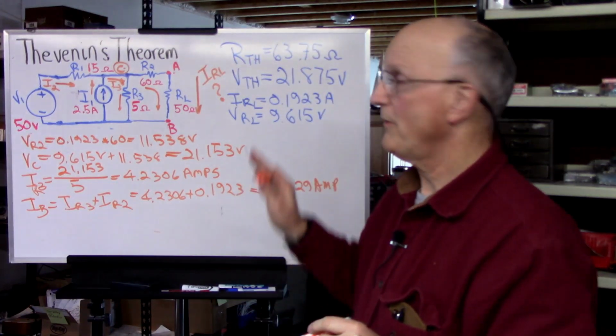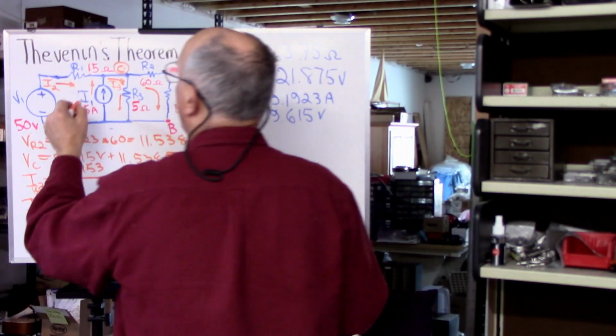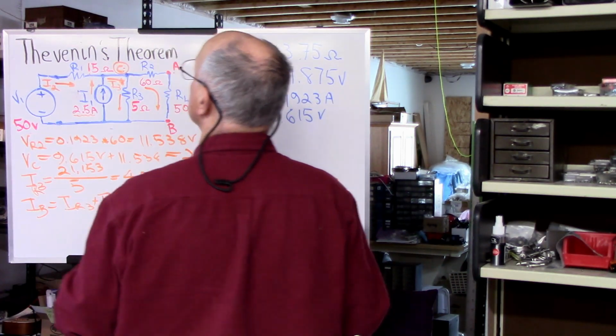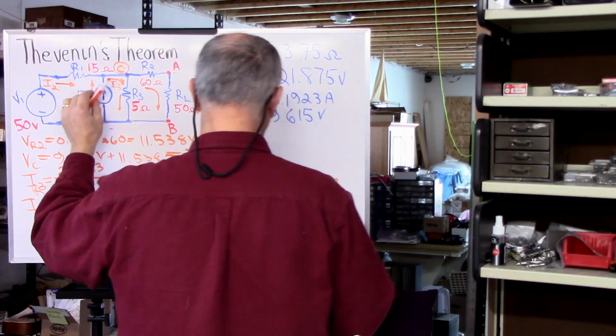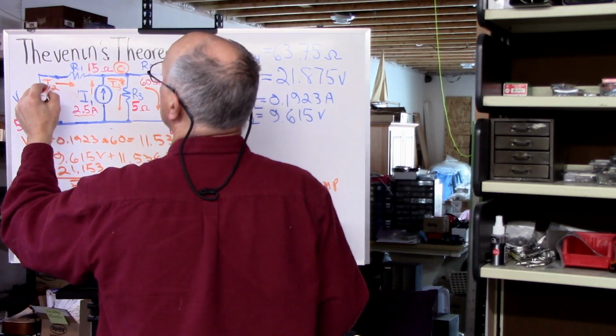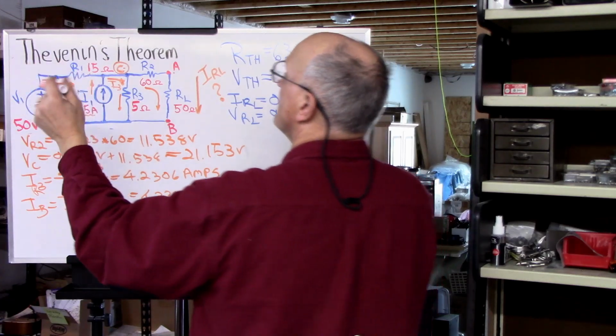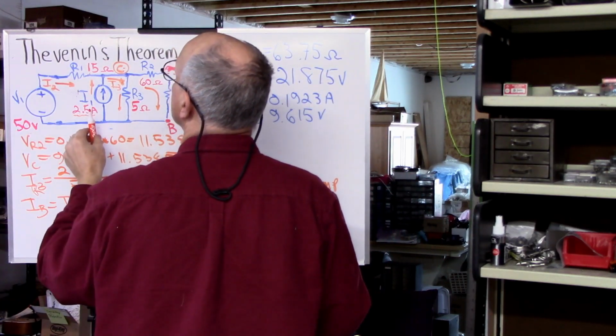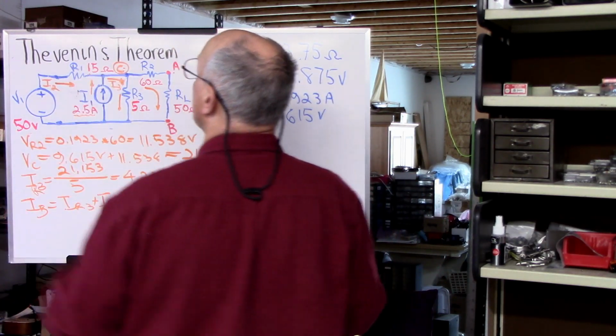Now we want to work on this. Here we have 2.5 amps coming in, which is contributing to this. So, again, Kirchhoff's current law: I2 plus I1 equals I3.